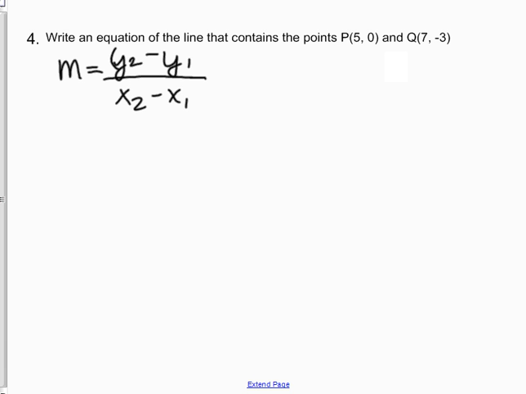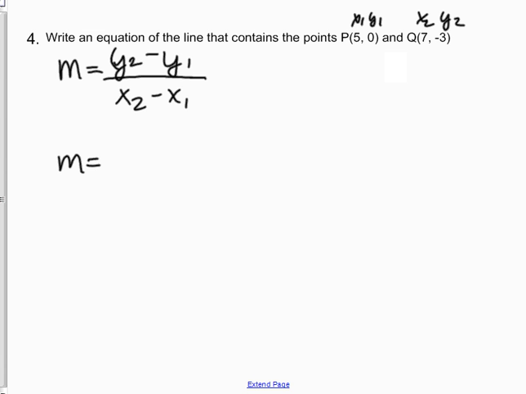That's the slope. Okay, so (x1, y1), (x2, y2). All right. This is a little more because we have to find the slope first, and then we can find the equation.